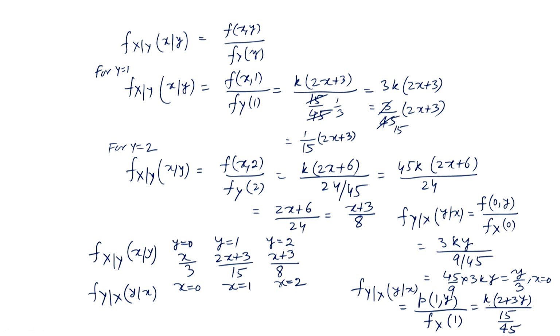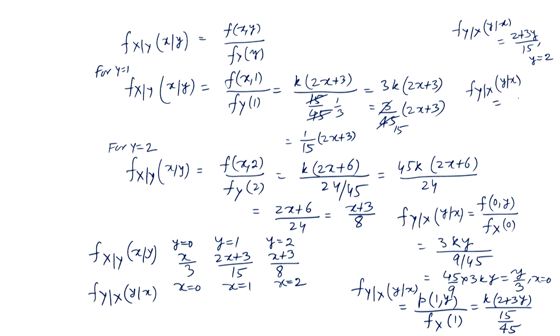Okay. So, this will be equal to, 45k equal to 1. So, 2 plus 3y divided by 15. So, f y given x equal to 2 plus 3y divided by 15 when x equal to 1.